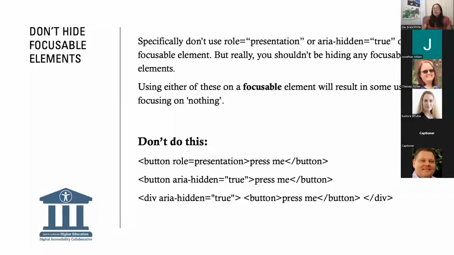But just know that if there is a focusable element and you try to hide it, essentially what happens is that the person who is using assistive technology still focuses on it. They are focused on nothing, but there's still something there essentially. So it can be very confusing.